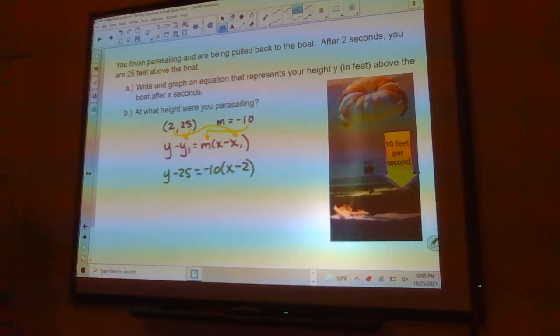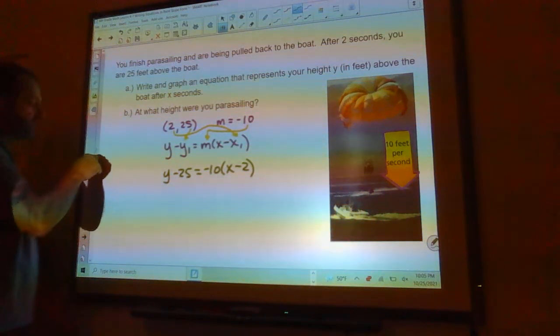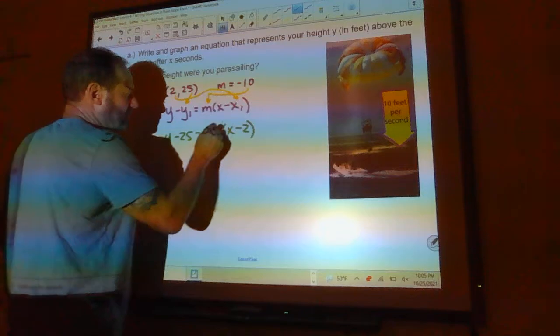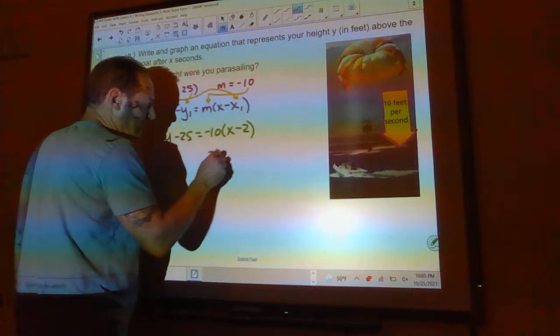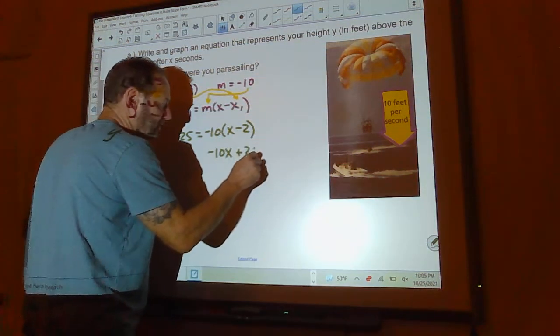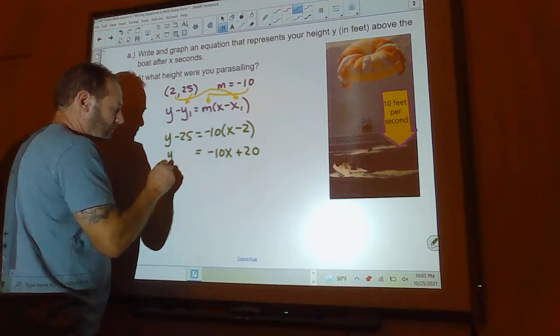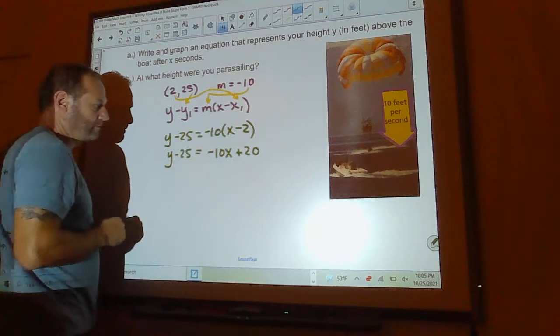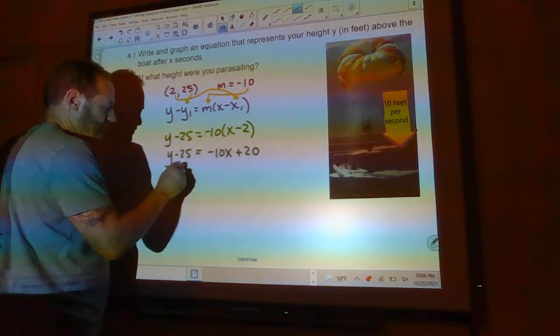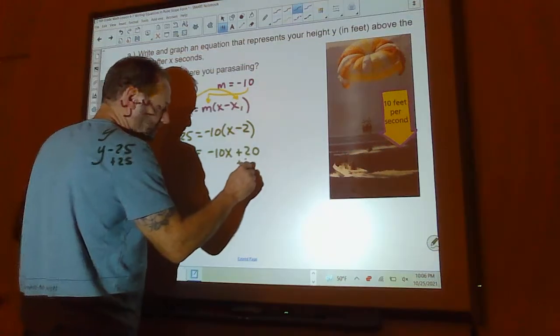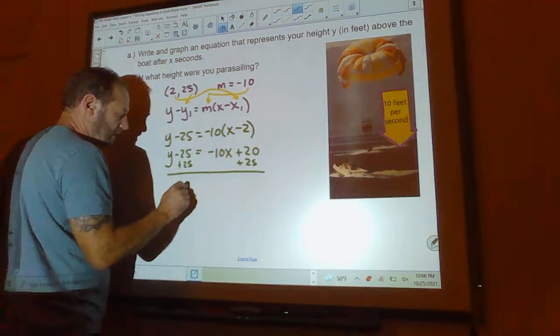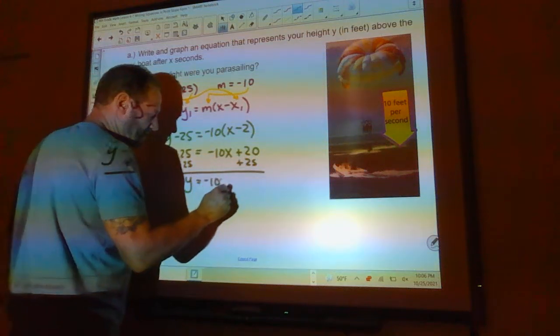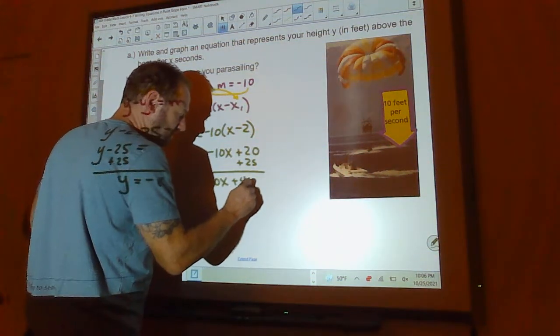Now, this would probably be easier to graph if it was in slope-intercept form. So I'm going to go ahead and distribute the -10 in here. This is -10x plus 20 equals y minus 25. And then I'm going to add 25 to both sides here. And I get y equals -10x plus 45.